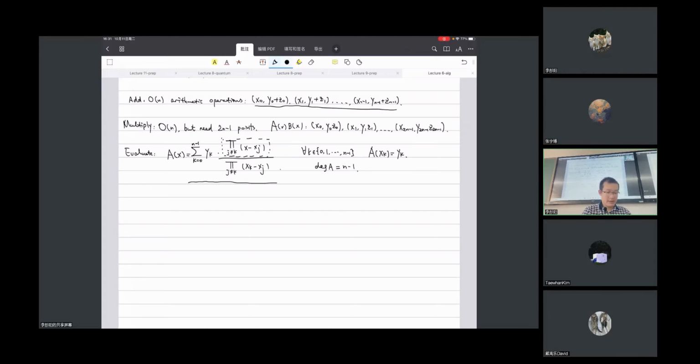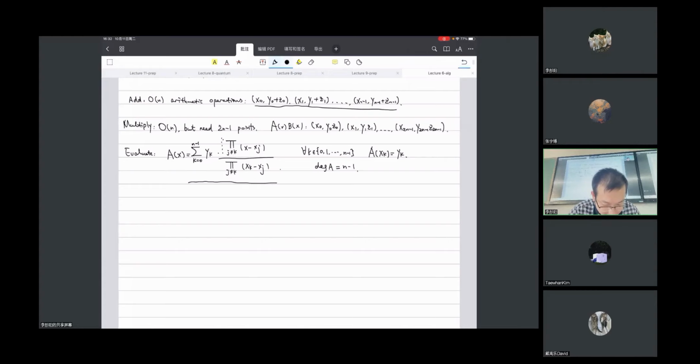For an arbitrary k here, there are n minus 1 terms in this multiplication. And the addition of polynomials of degree n minus 1 is still going to give you a polynomial of degree n minus 1. So the degree of a here equals n minus 1.